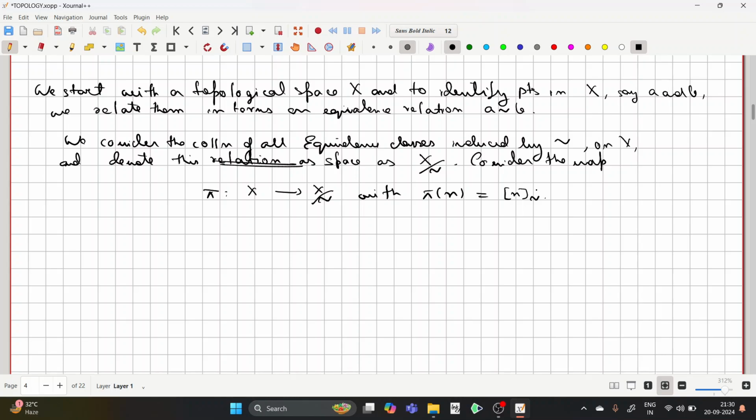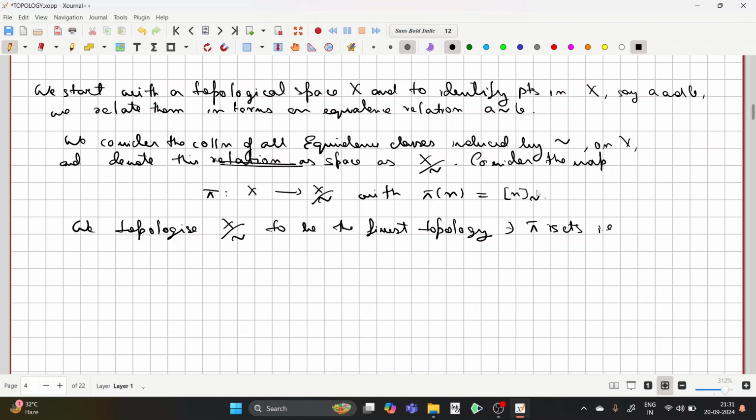We topologize X quotient by this pi, rather we topologize X quotient to be the finest topology such that pi is continuous.